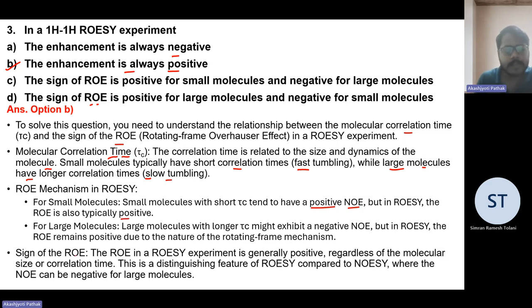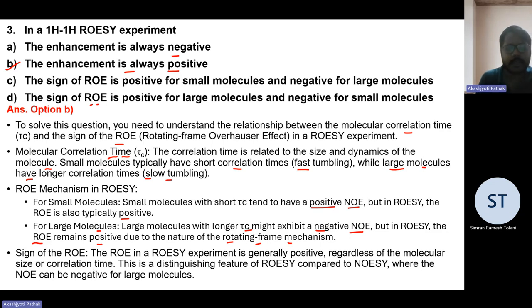Large molecules with longer correlation time might exhibit a negative nuclear Overhauser effect, but in ROESY the rotating frame Overhauser effect remains positive due to the nature of the rotating frame mechanism. So what will be the sign of ROE? The ROE in a ROESY experiment is generally positive regardless of molecular size or correlation time.